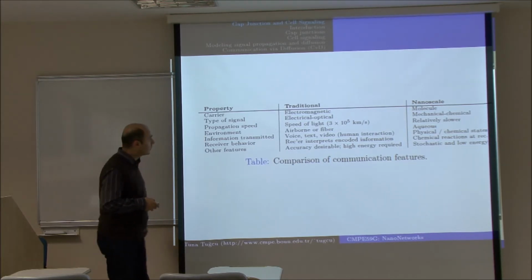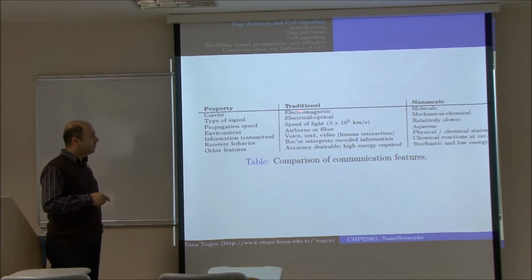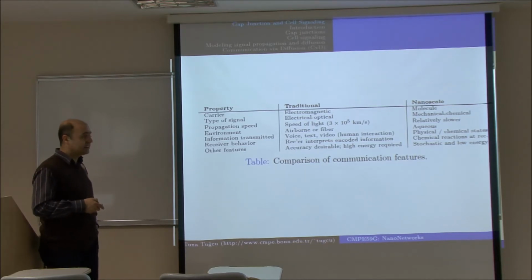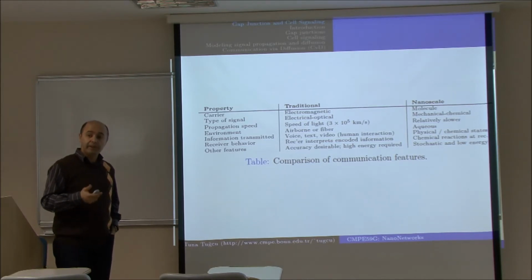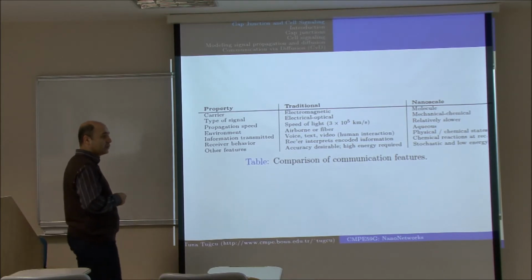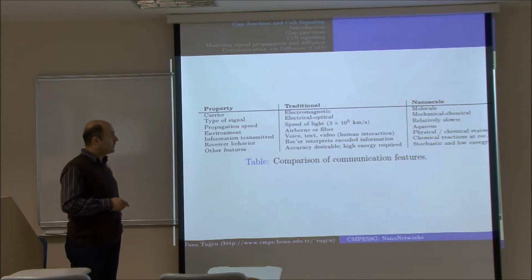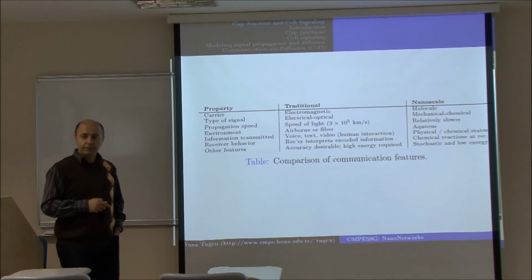If you look at these concepts, in the traditional networks, for example, as the carrier, we use electromagnetic signals, whereas in the nanoscale systems, typically, not necessarily, but typically, molecules are used for carrying information. The type of signal in traditional networks is again either electrical or optical.